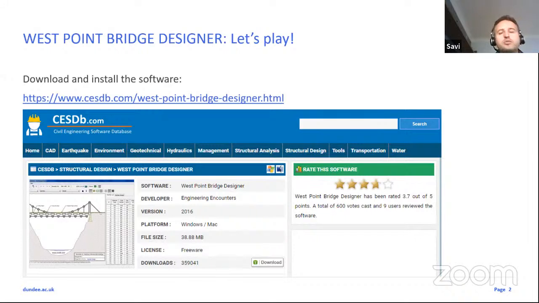Before starting, I suppose that you were already informed. I'm suggesting you download this software from the website that I'm showing you here. It's a rather funny software. It's not a professional software. It's more like a game which allows you to design a bridge without really knowing any technical detail of designing a bridge, but it's quite funny.